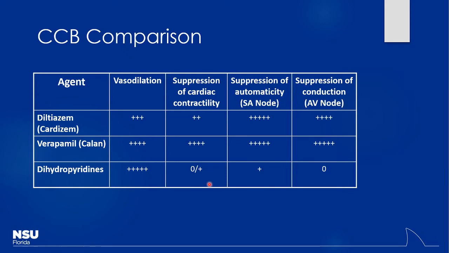Versus if I have someone who's taking a vasodilator, like a dihydropyridine, where their vessels are wide open, what do you think the heart rate's going to do in those situations? They're coming in super tachycardic, right? That leads me to think, oh wait a second, this might be a dihydropyridine calcium channel blocker versus something else. So just a little preview of the cardiovascular effects we're expecting out of these medications, okay?